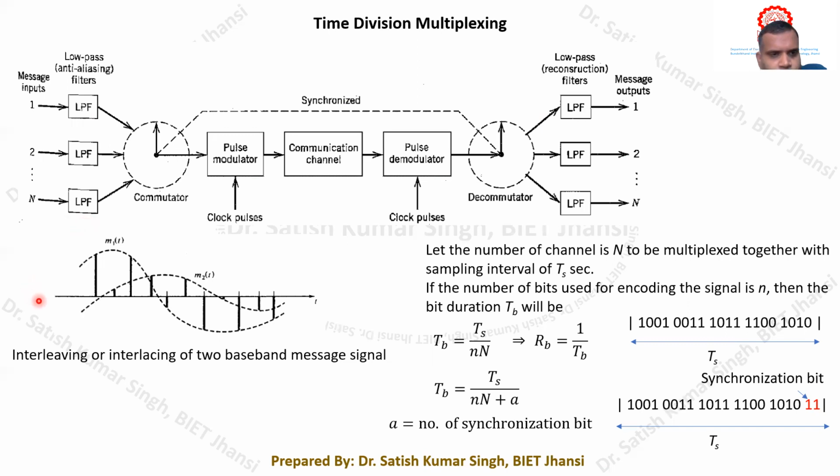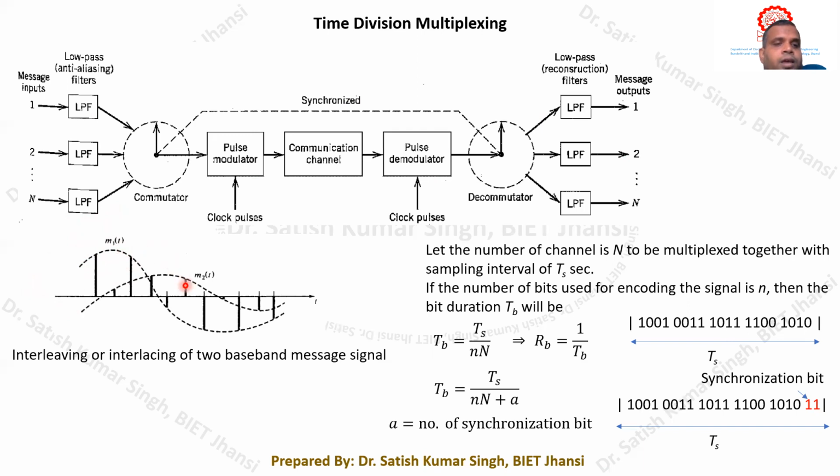Let us suppose that we have a particular message signal m1(t). If we talk about sampling of this message signal, let us say the sampling interval is Ts, following the Nyquist criterion. So at every Ts seconds, we take a sample of m1(t), at a regular interval of time Ts.